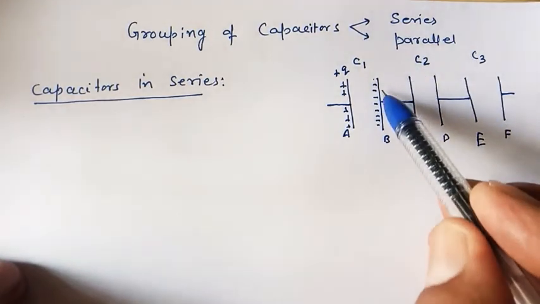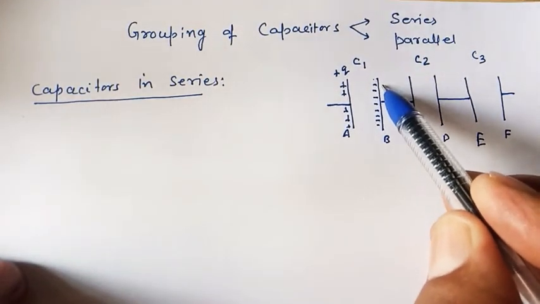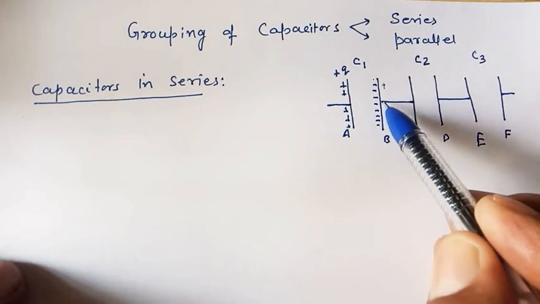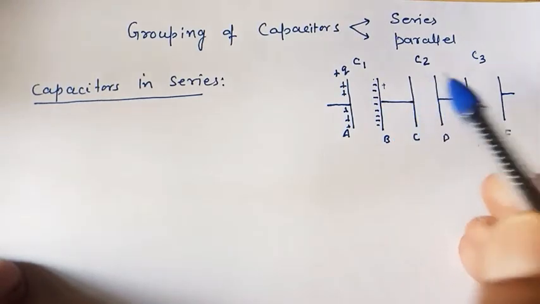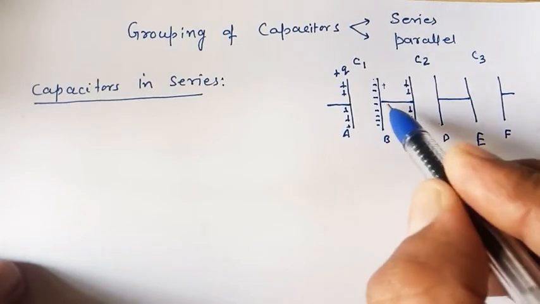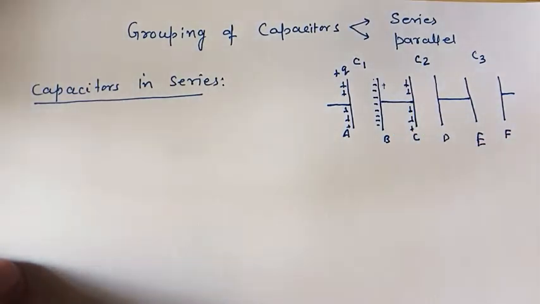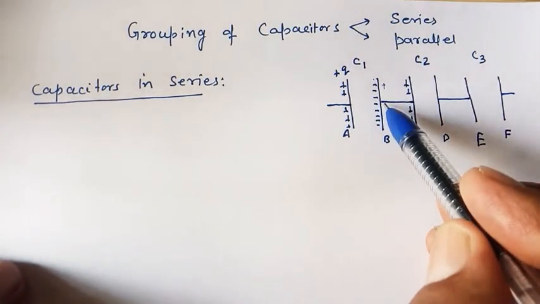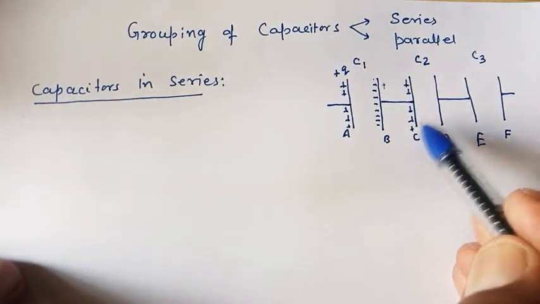On the right face of plate B there will be positive charge. But this positive charge will immediately go to plate C as it is connected by the connector.